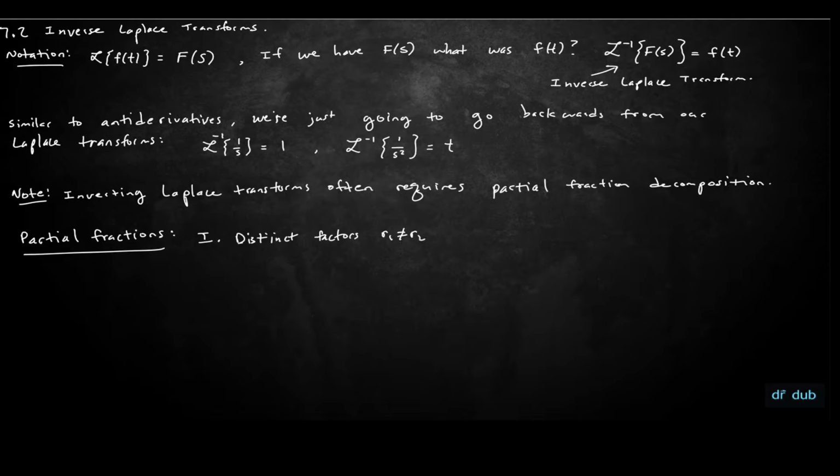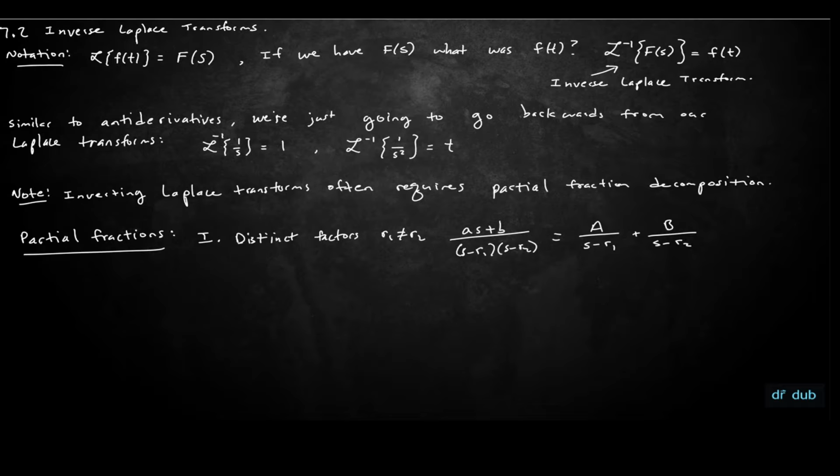So we might have some function as plus b over s minus r1 times s minus r2. The partial fractions become capital A over s minus r1 plus capital B over s minus r2.